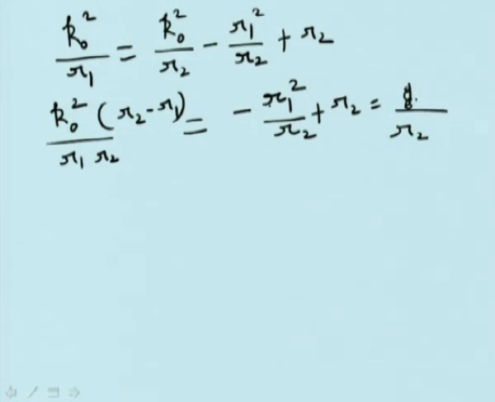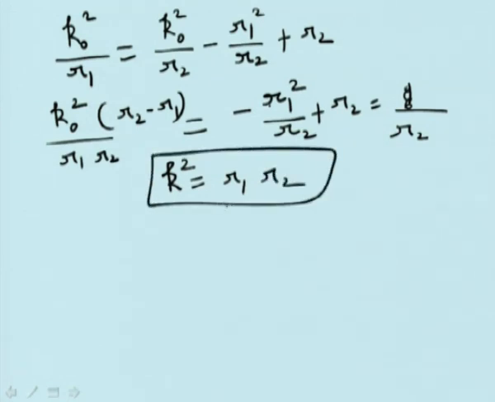When you simplify this expression, skipping one or two steps, you should get K0 square equal to R1 R2, which is the required relation. So K square is equal to R1 R2. You have been able to solve this problem also.